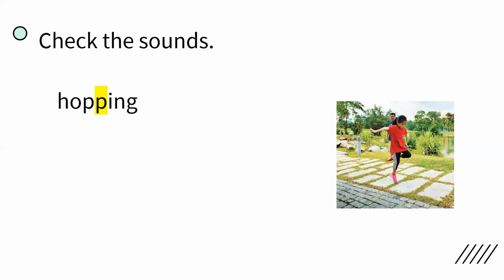Similar to our rabbit rule, if we're getting the wrong vowel sound for that first syllable, then we've got to double that consonant to keep our vowel sound stable. So when we do that, we create a closed syllable in the first part of the word. That's going to keep the vowel short. So our word now is hopping.